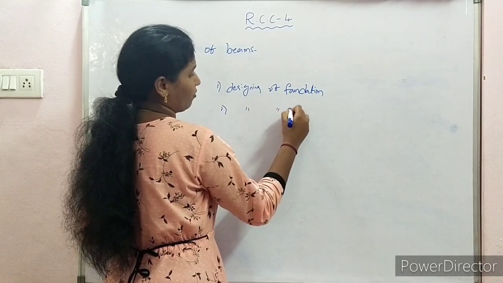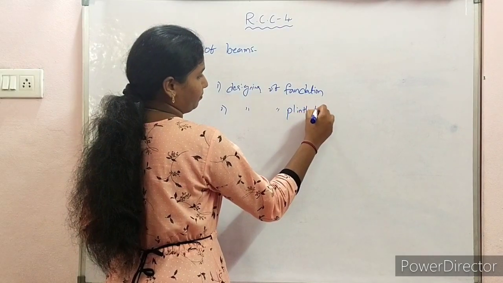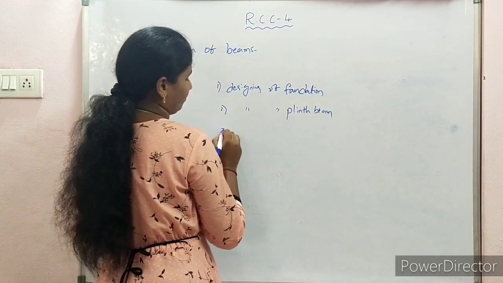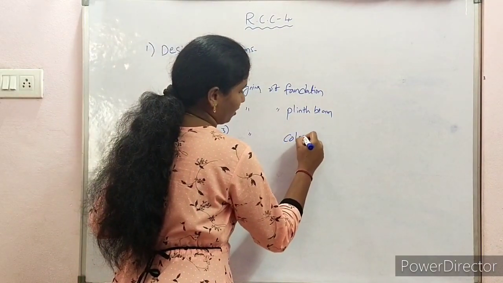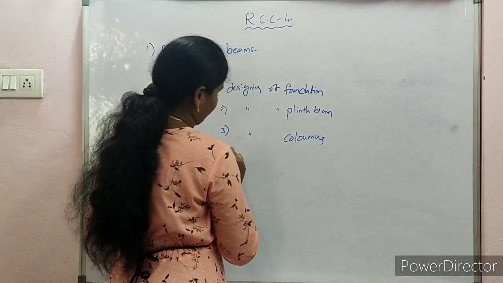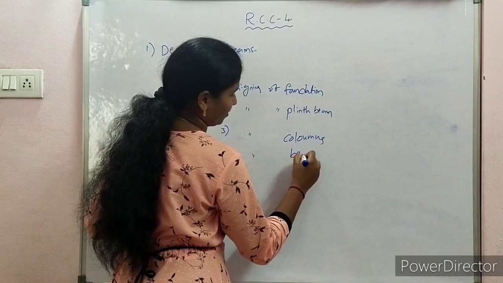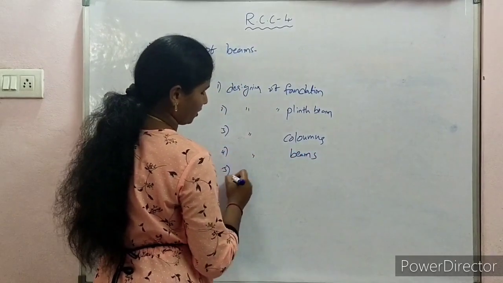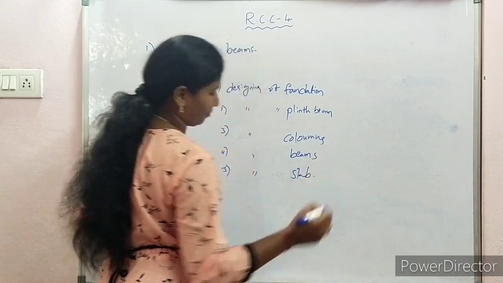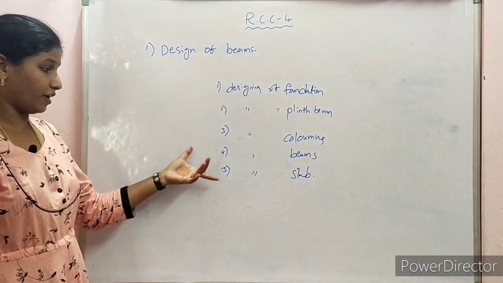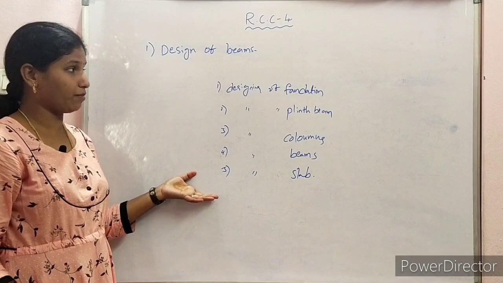Second is designing of plinth beam. Third one is designing of columns. Fourth one is designing of beams. Fifth one is final, that is designing of slab. These five have to be designed for constructing a building.